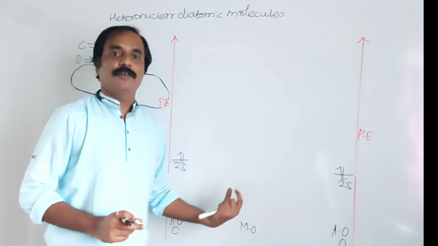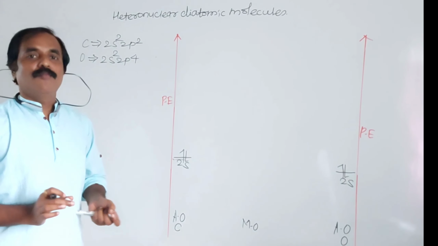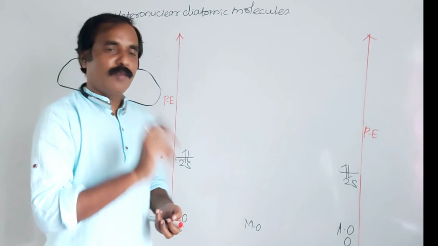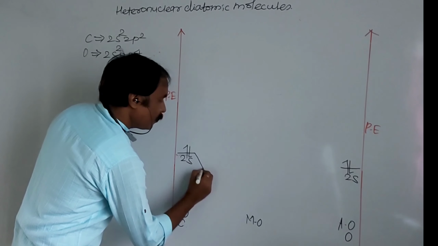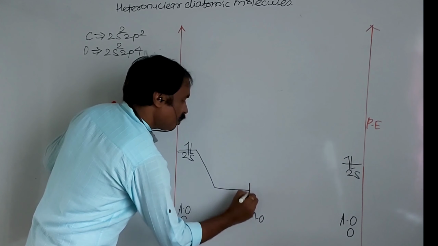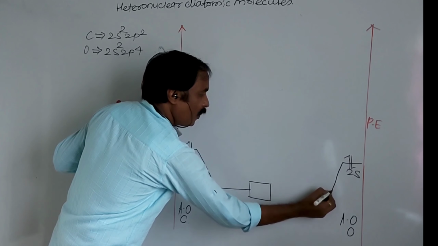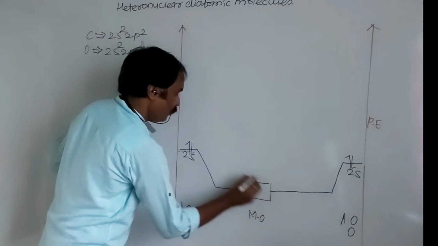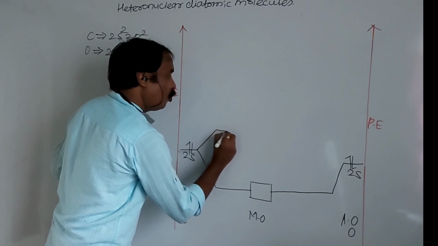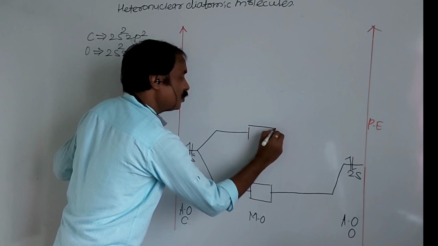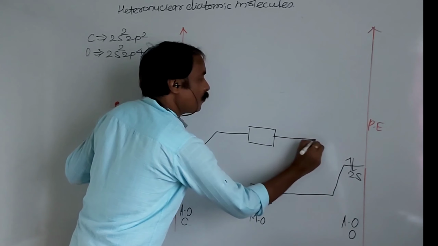Linear combination of these two gives a bonding molecular orbital and an anti-bonding molecular orbital. Here the energy of the bonding molecular orbital decreases and the energy of the anti-bonding molecular orbital increases because it is unstable.